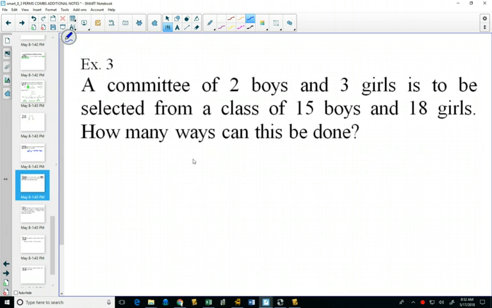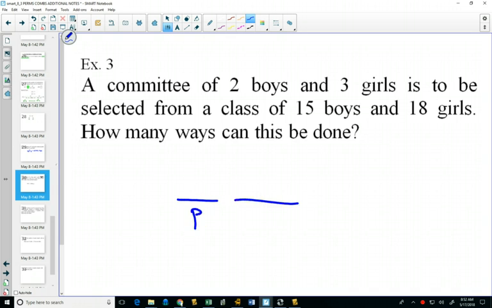We've also seen questions already like this one where you combine the fundamental counting principle with spaces with combinations. So in this one, we have two decisions to make. We have to choose which boys are going to be on the committee, and we have to choose which girls are going to be on the committee.